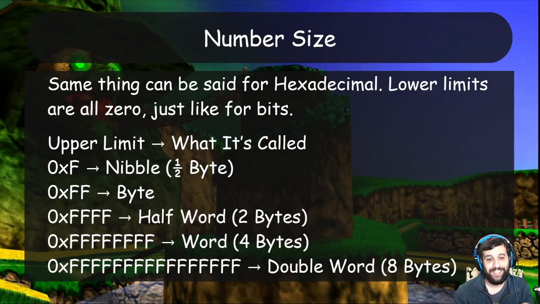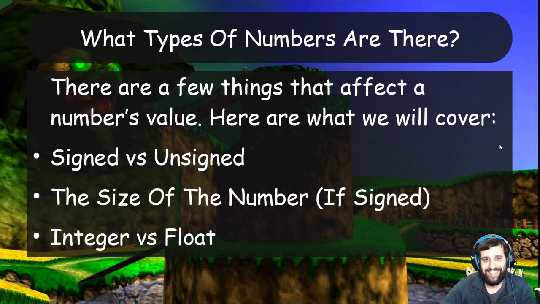So it's 8 bytes. And you will possibly see a quad word, which is twice as many Fs as a double word, but I did not have space on the slide for that. But keep in mind that that is a thing that does exist. And you can get bigger. I'm not going to demonstrate that.